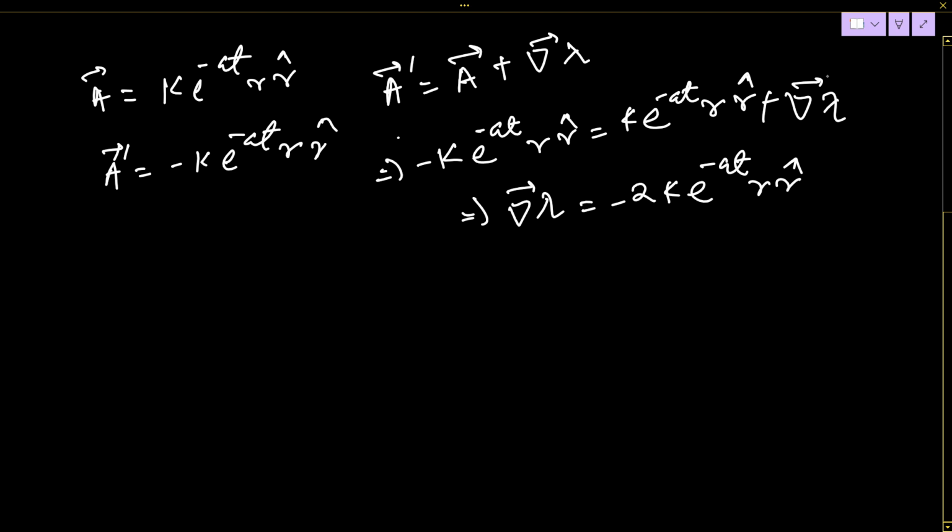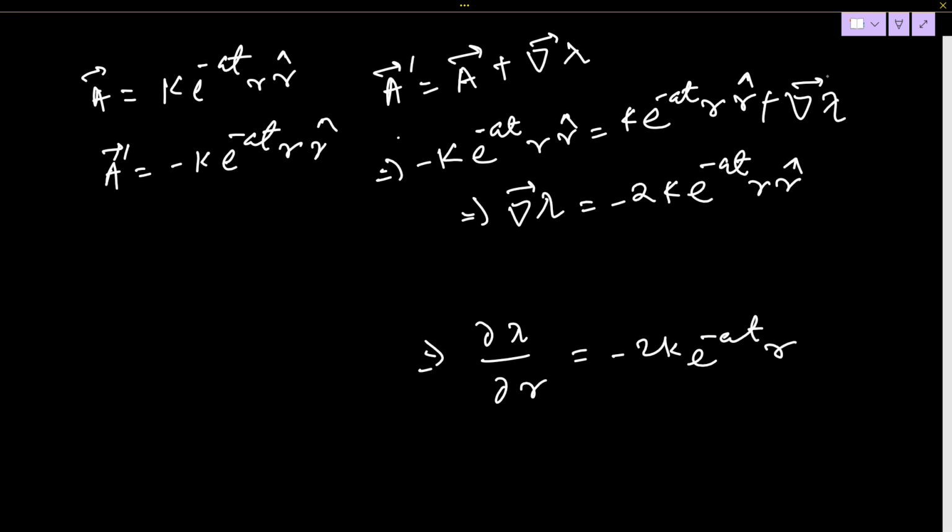So this is del lambda, isn't it? So lambda, how to find it? You can write it as del lambda by del r, isn't it? Minus 2k into minus a t r.